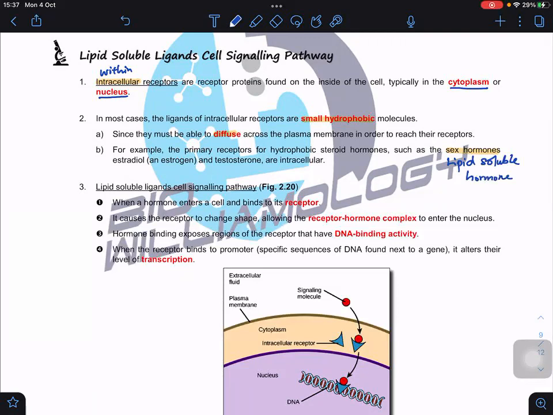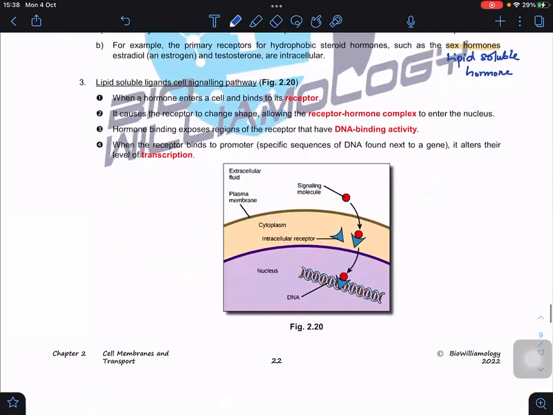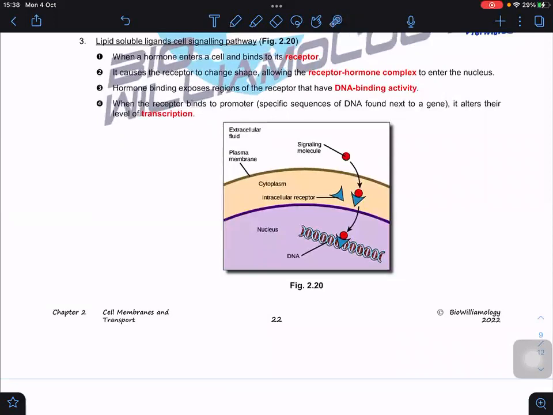So these lipid soluble hormones are intracellular. What is their signaling pathway? Look at figure 2.20 here. We have the plasma membrane and the nucleus. For most of these lipid soluble ligand signaling pathways, they must form a receptor-hormone complex that enters into the nucleus, or the receptor is already inside the nucleus.